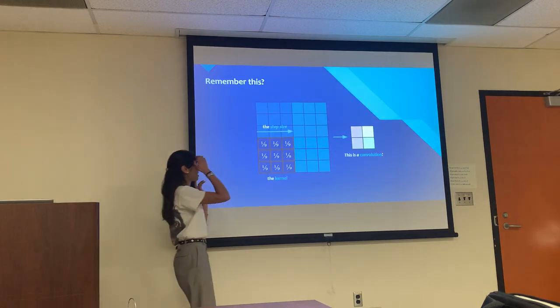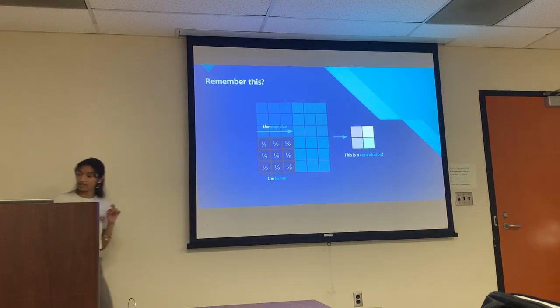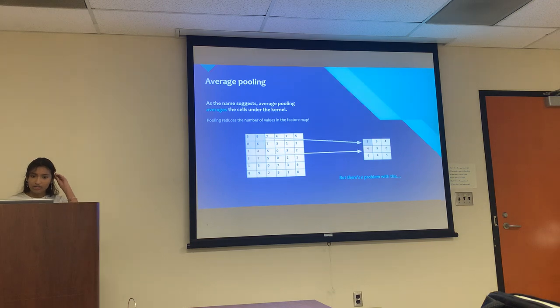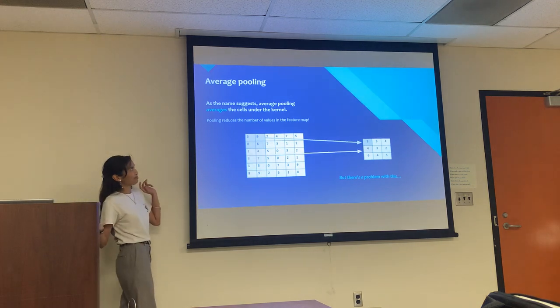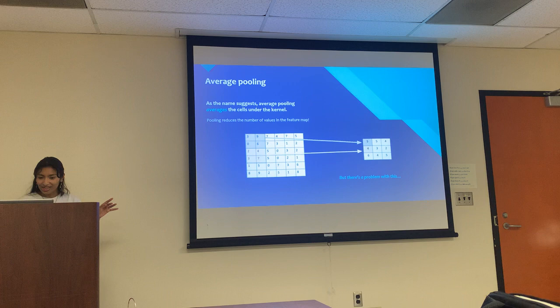If you look here, this is a kernel and we're making it smaller. So basically we're averaging in this way, which is average pooling, and it would end up making it smaller.